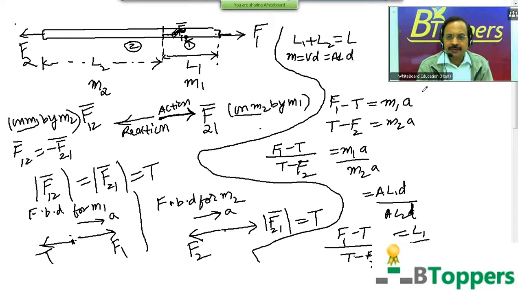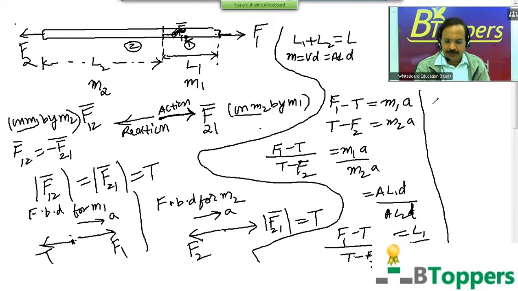You can simplify it yourself. So if you are interested to copy the working part, you can copy this working part. You can copy down the calculation if you are interested to copy the solution.